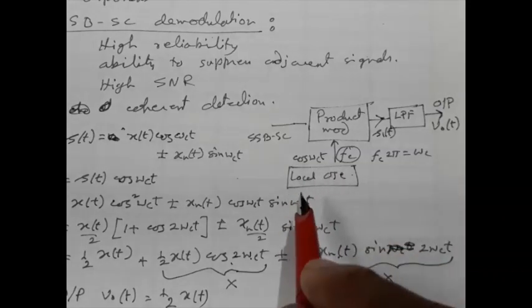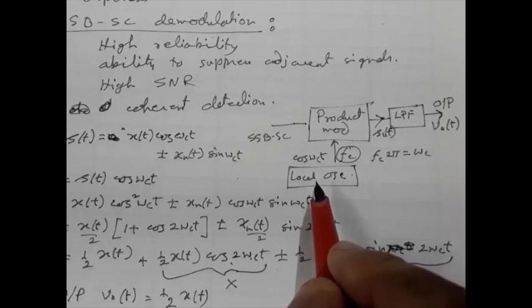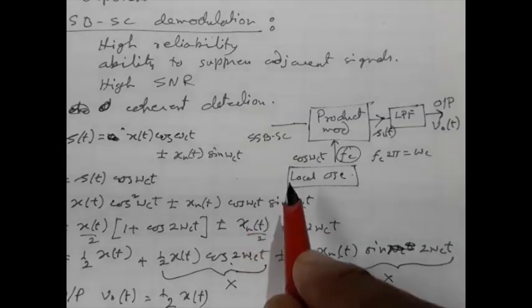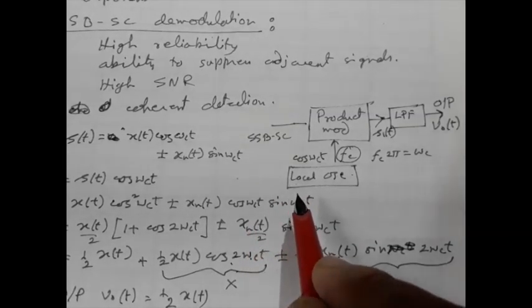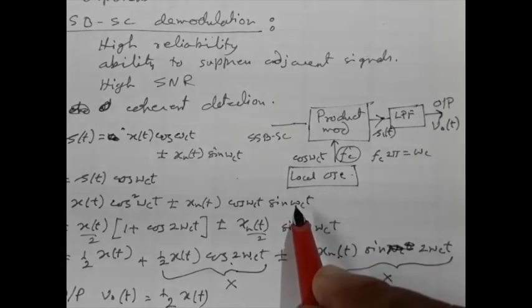Now SSB-SC can also be recovered, just like DSB-SC, with the help of the carrier reinsertion technique, but we are not going to discuss that, because carrier reinsertion would have the identical problem of phase error and frequency error.